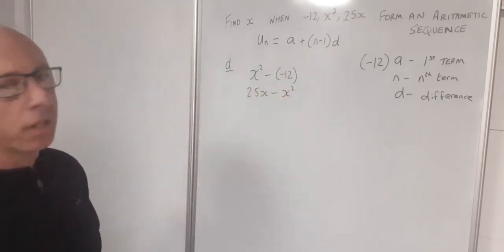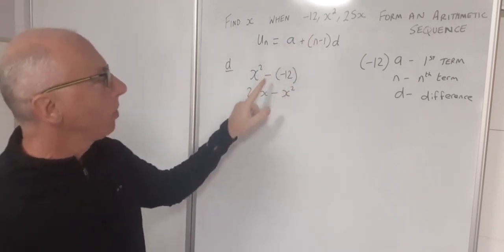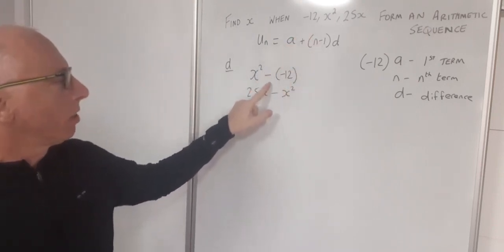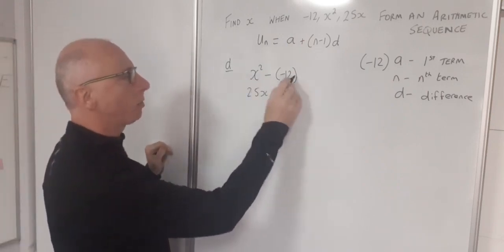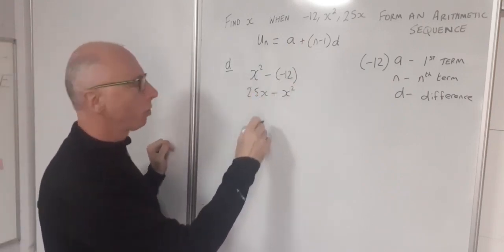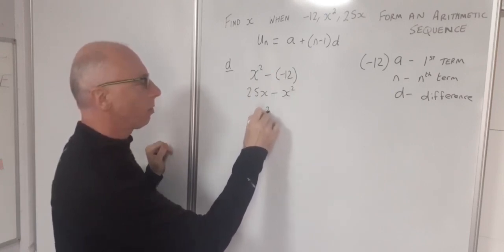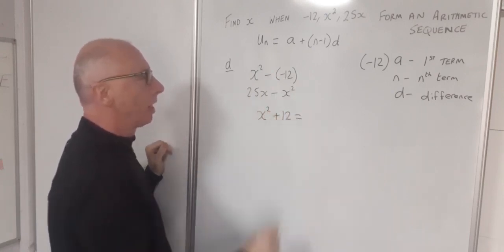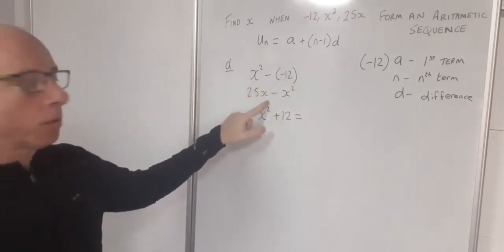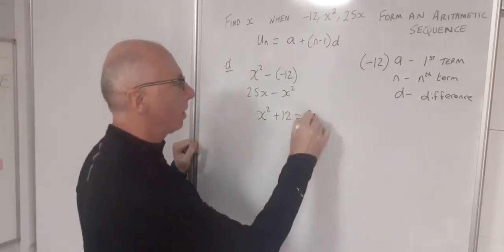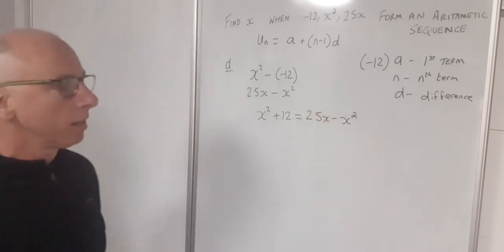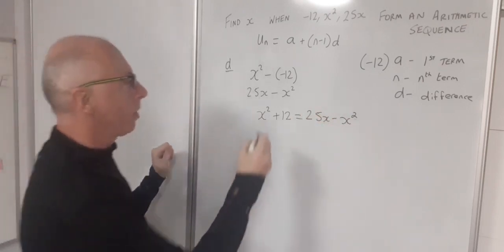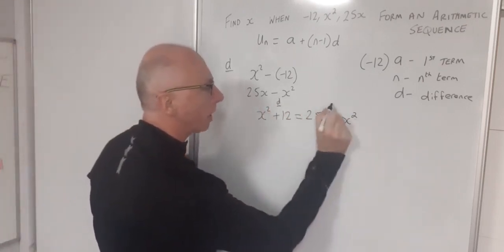Now, as the differences are uniform, those differences should be the same, so we can set them equal to each other. This one simplifies to x squared plus 12, and that will equal 25x minus x squared. Those are our differences, and both should be equal to d.